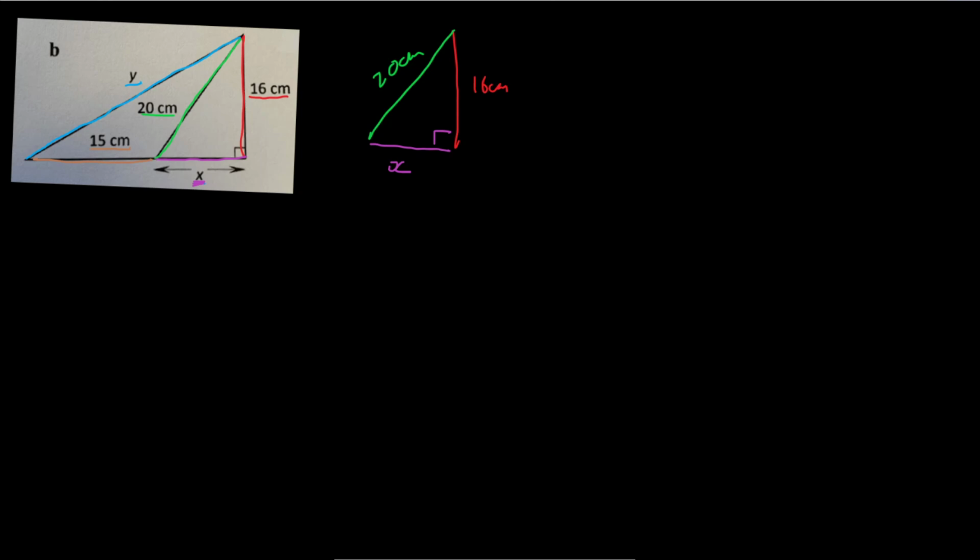The formula that you might be familiar with is a squared plus b squared equals c squared. Here c is going to be 20 centimeters, so that'll be 20 squared. We've got 16 centimeters as one of our other sides, and x, that's our unknown.